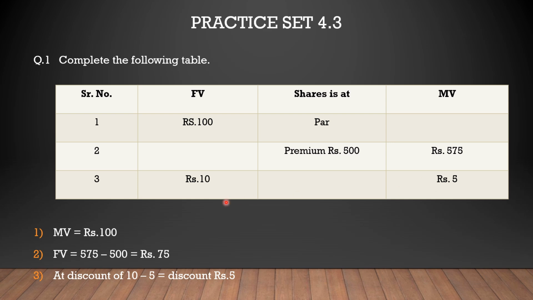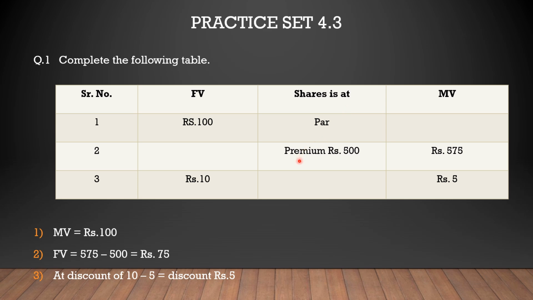So in the first case, MV is equal to rupees 100. Shares is at par. So in this case, FV is equal to MV. Both are equal. So the value of MV is equal to rupees 100. In the second case, shares is at premium.